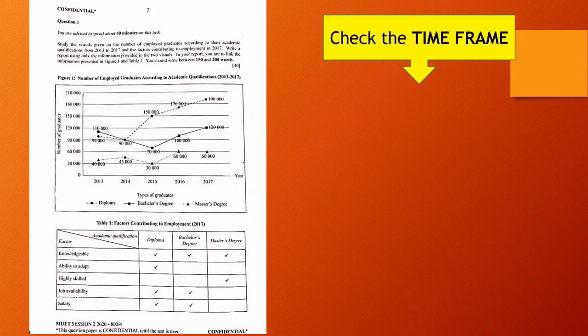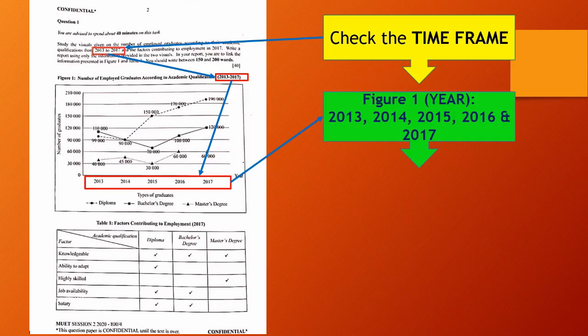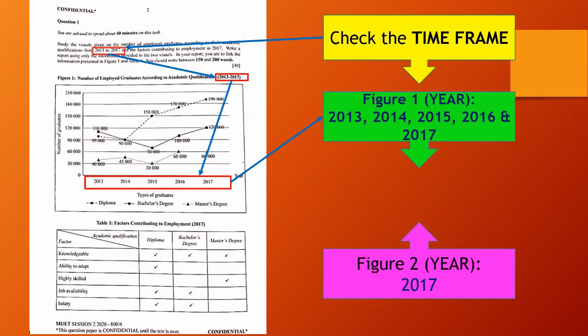What do you do next? Check on the time frame. The time frame given in the question is from 2013 to 2017 for Figure 1. And this indicates that the focus of the year in Figure 1 are these 5 years.